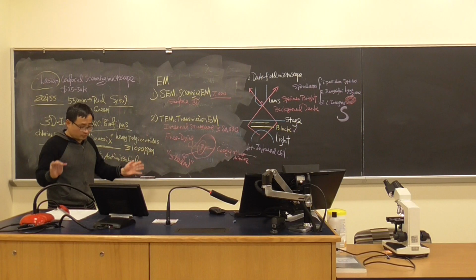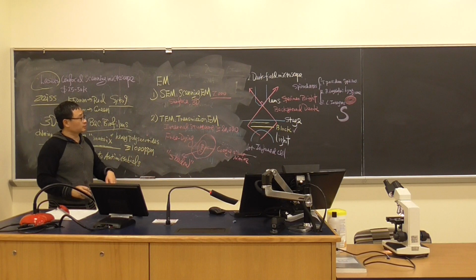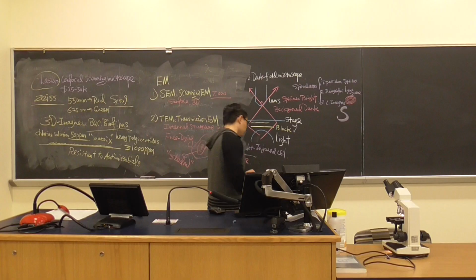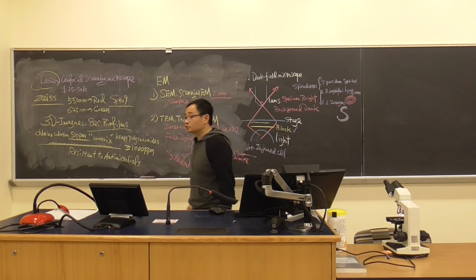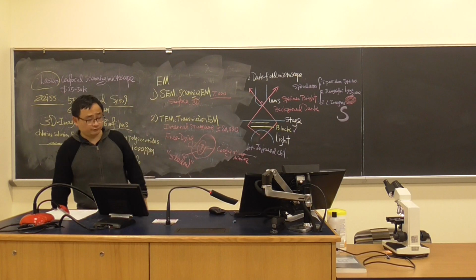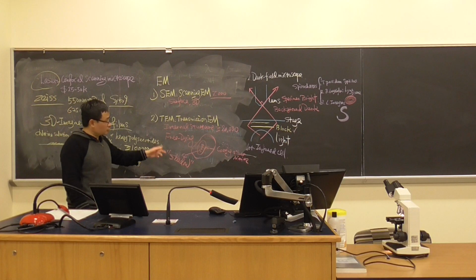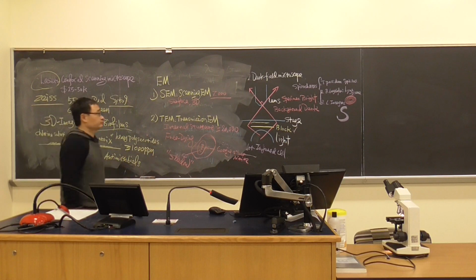Now, if we want to see the major difference between electron microscope and the light field microscope, what is the major difference? It is the energy resource. Light field microscope, light is energy. Electron microscope is electron.